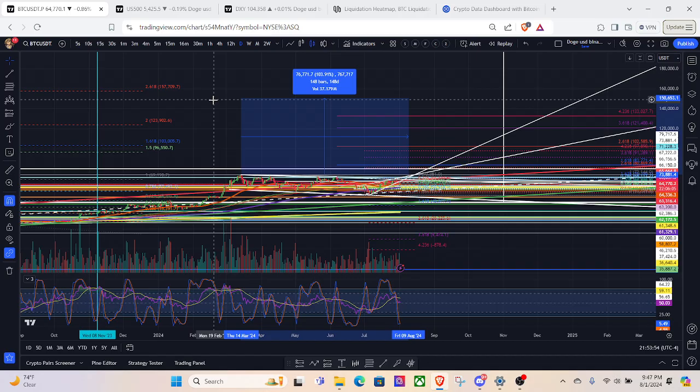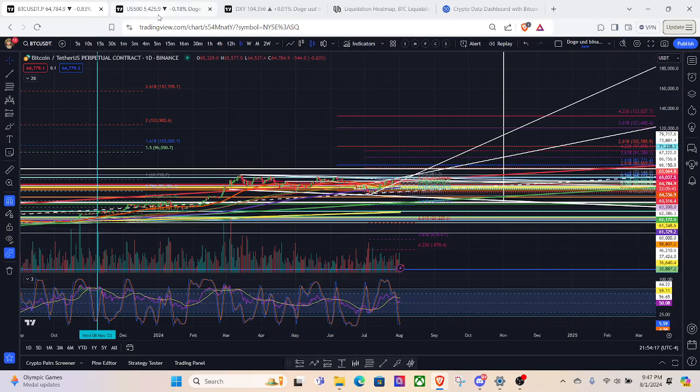It's cool that I like how you mentioned 2026 being a possibility where we're still going up, because a lot of people have in their minds the Bitcoin four-year cycle, roughly four years from top to top, roughly four years from bottom to bottom, and it's been almost exactly four years.